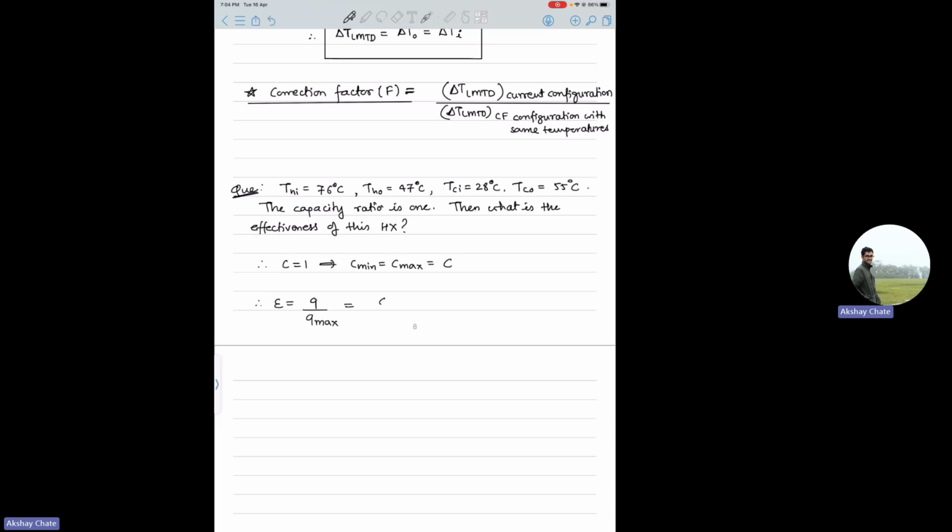Let's say we'll take it in terms of the hot fluid. So whatever heat it loses, divided by Q max, which is nothing but C min into delta T max. But here C min and C are equal, so these two go away, and in the numerator you have THI minus THO.